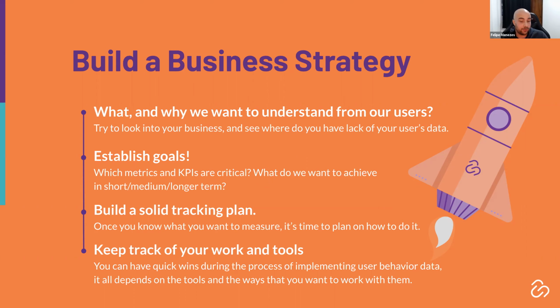So try looking into your business and see what you really don't know about your users, and how we can understand them better and make them follow the path that we want. After that, you should establish other goals.